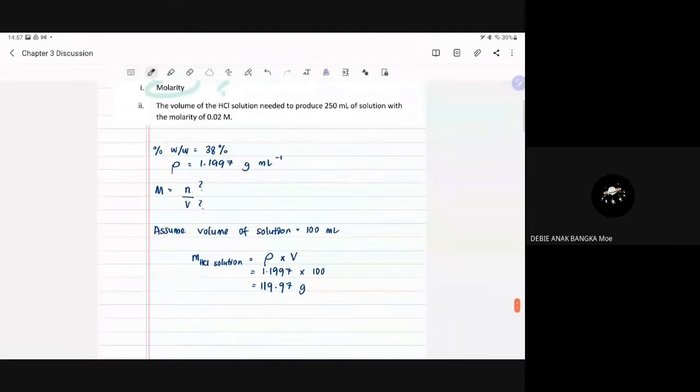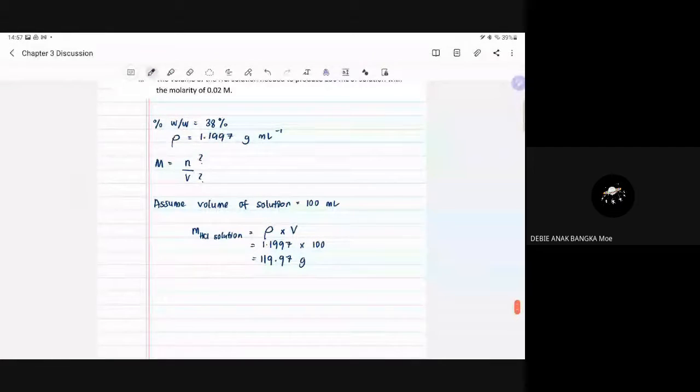Okay. Now, kita nak cari percentage by mass tu pula. Untuk cari molarity, ini adalah number of mole of solid tau. HCl. Solid, bukan solution. Sebab itu saya selalu letak dia punya subscript tu descriptor dia tu. Ni number of mole of HCl. Ini mass of HCl solution. So, kita ada maklumat di sini percentage by mass.